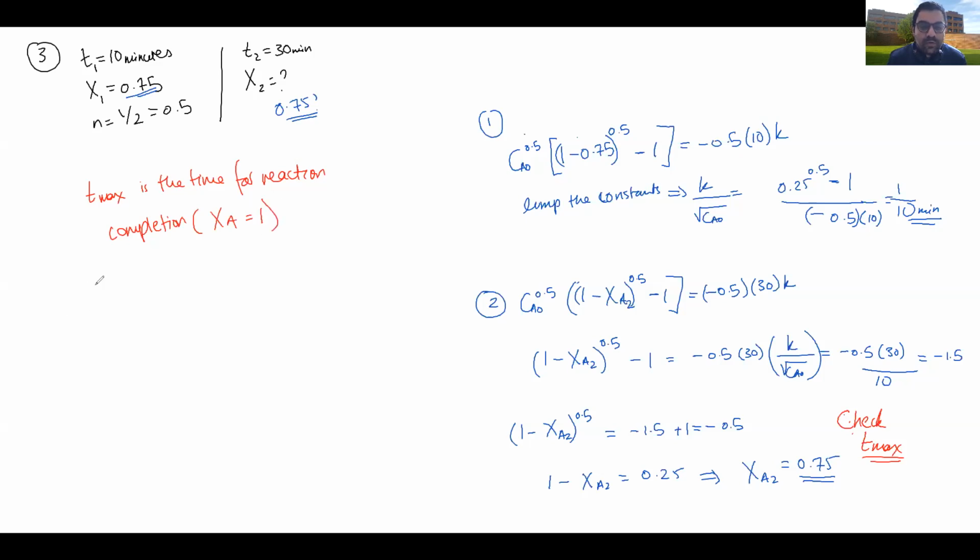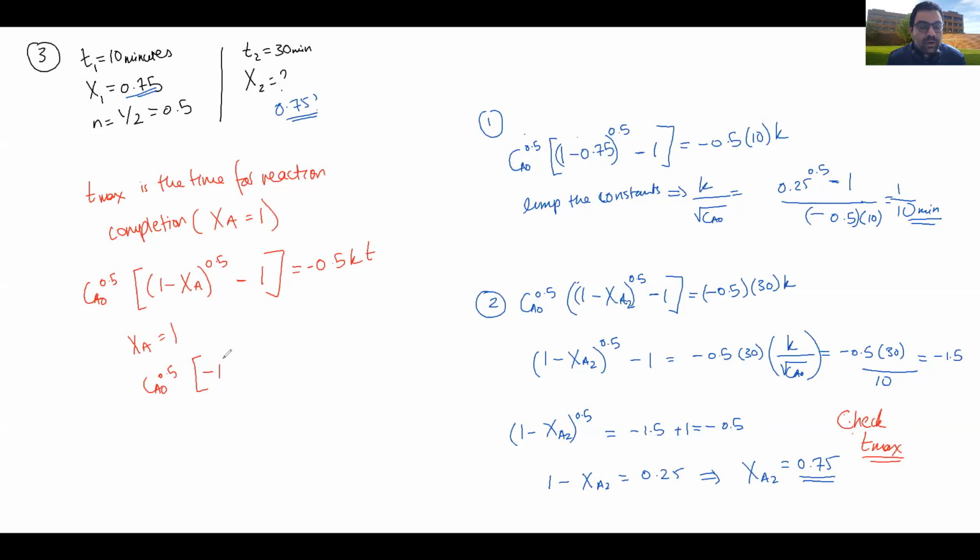So if you recall, our performance equation was CA naught^0.5 times (1 minus XA)^0.5 minus 1 is equal to minus 0.5 KT. So if I set XA to be equal to 1, in this case, I'm going to get CA naught^0.5. 1 minus 1 is 0, right?